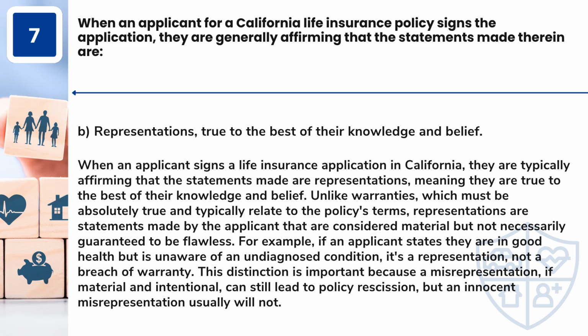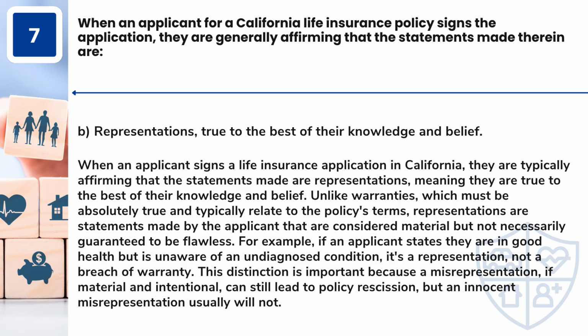When an applicant signs a life insurance application in California, they are typically affirming that the statements made are representations, meaning they are true to the best of their knowledge and belief. Unlike warranties, which must be absolutely true and typically relate to the policy's terms, representations are statements made by the applicant that are considered material but not necessarily guaranteed to be flawless.